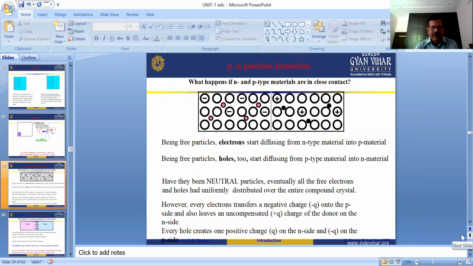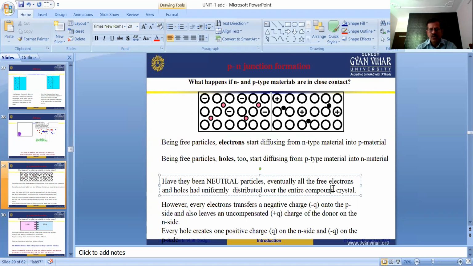Now, what happens in a PN junction diode if N-type and P-type materials are in close contact? You see in this slide, the left side is the P-type semiconductor and the right side is the N-type semiconductor. Both semiconductors are joined to each other.